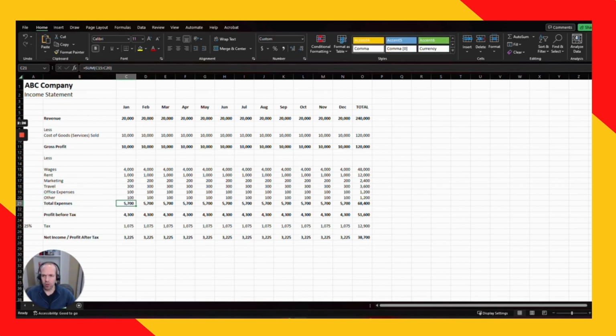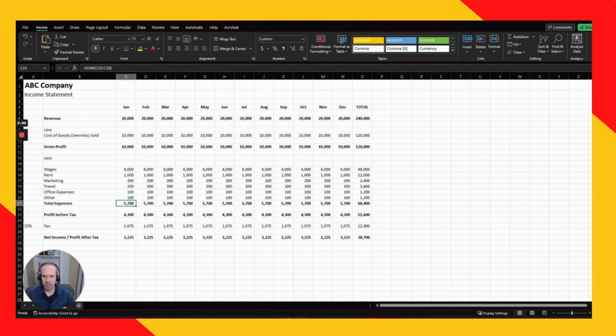Now, every business is different. So when you look at this, you've just got to look at your expenses and determine which categories are the right categories for you. But we sum up those total expenses, and then we minus those total expenses from your gross profit. So your gross profit in January is $10,000. Your total expenses for the month is $5,700.